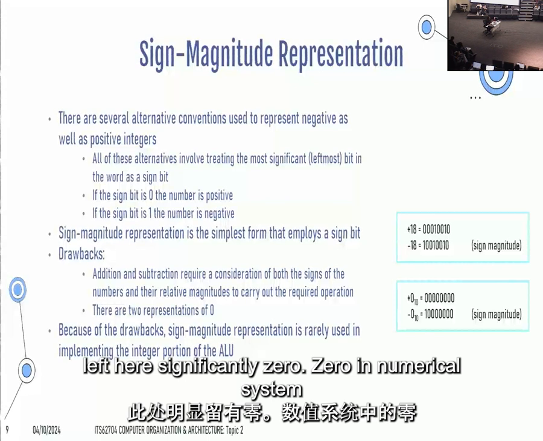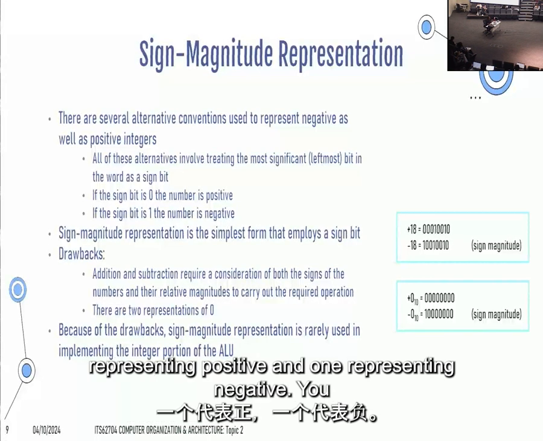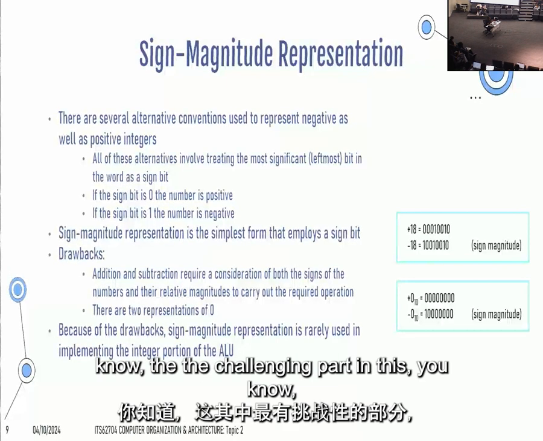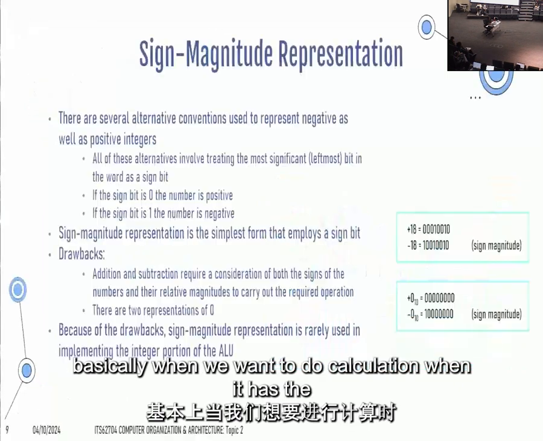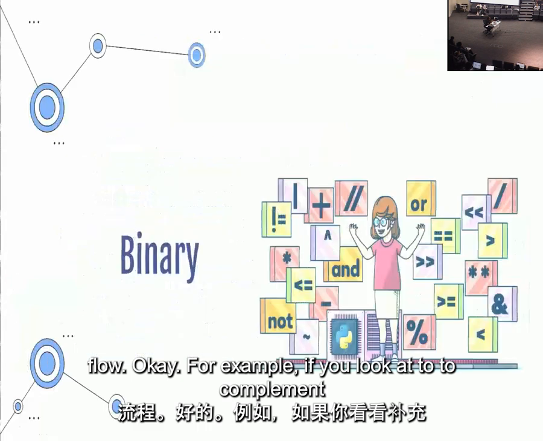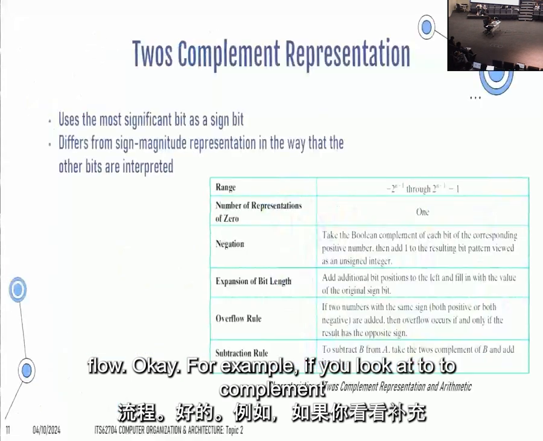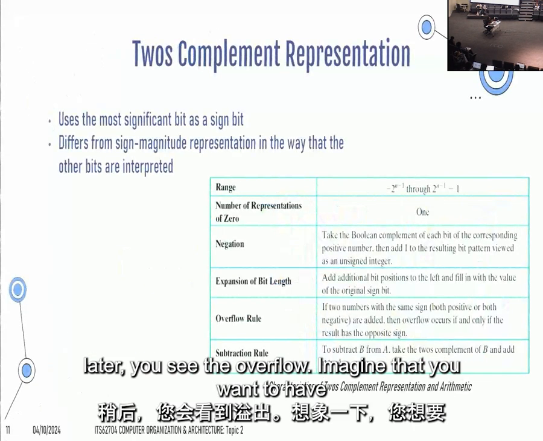is significantly 0. 0 in the numerical system represents positive, and 1 represents negative. The challenging part is when we want to do calculation and there is overflow. For example, if you look at two's complement later, you see the overflow.